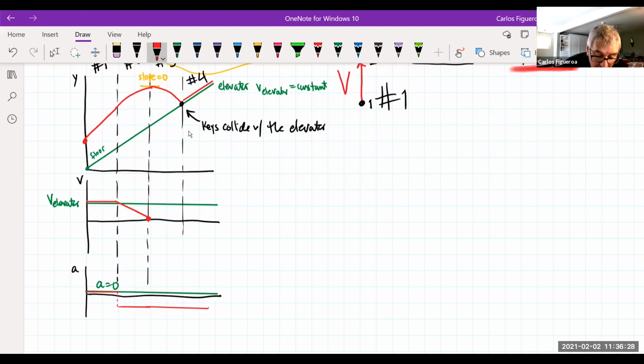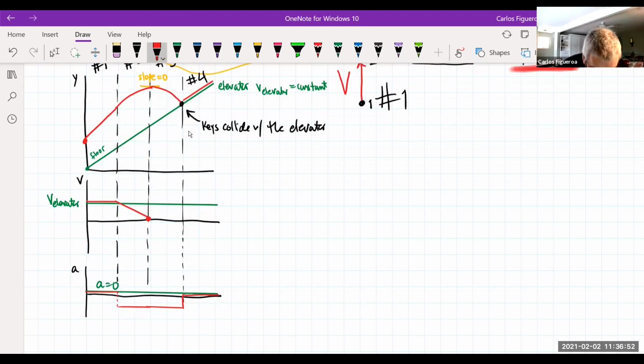And except till right here. And then right in here is where we have 0 acceleration. And so then this guy shoots up. Oh man, what happened? It shoots up and then it moves with 0 acceleration.